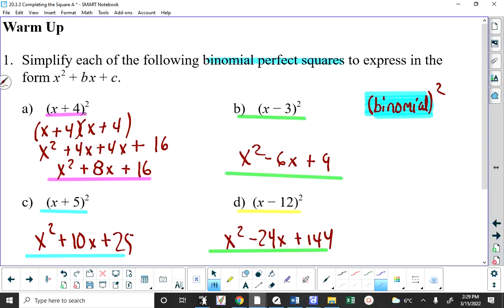Pretty straightforward, really. And I would probably say that those of you that are done are the people who don't need to write x plus 4 times x plus 4. You understand what's going on here.